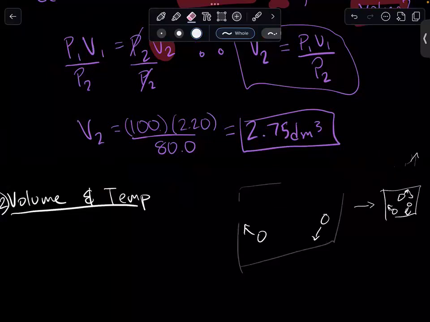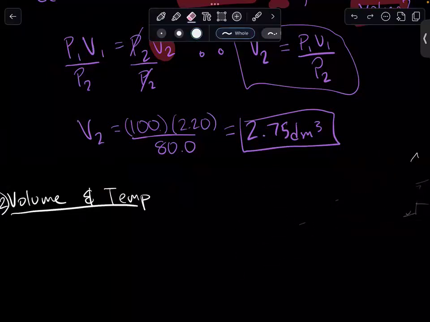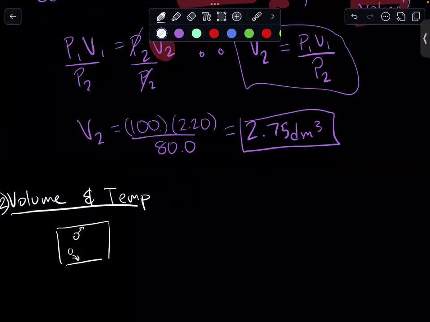I like to use that train of thought whenever I'm discussing gases because it kind of helps make it more visible. So with volume and temperature, if we think about a room and we have children running around and the other things are kept constant, so we'll say P remains constant, number of kids remains constant.